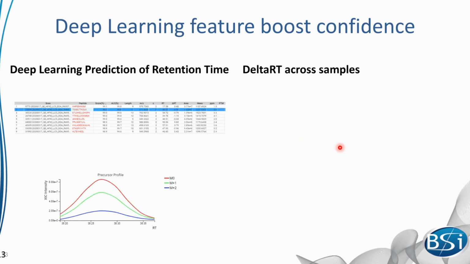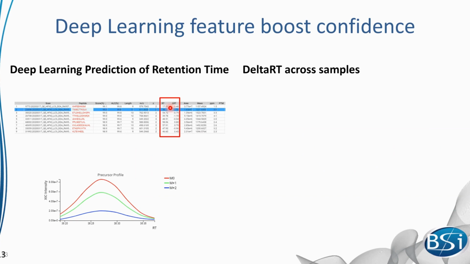What's more, since we use LC-MS, we have the retention time. So here we also predict the retention time for each peptide. Now in the peptide table, we have two new columns. The first one is RT, which measures the retention time. Then we have delta RT, the difference between the measured one and the predicted one.